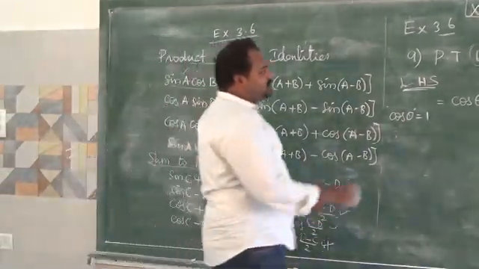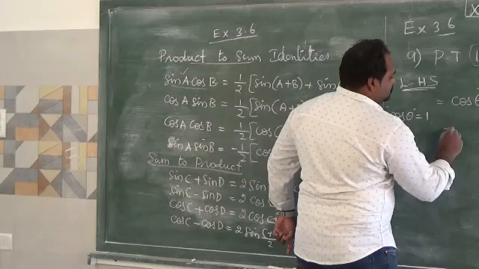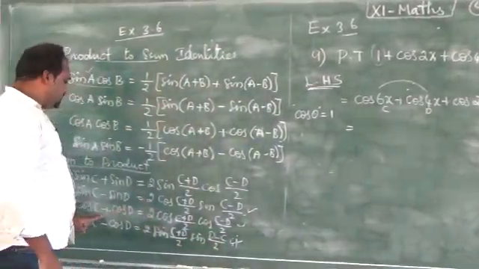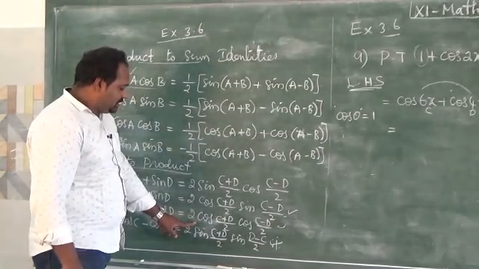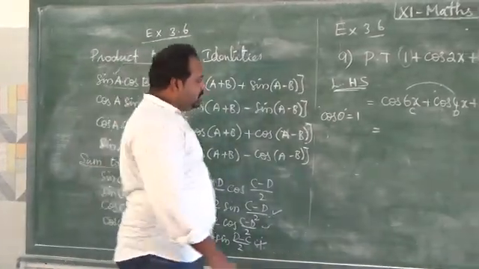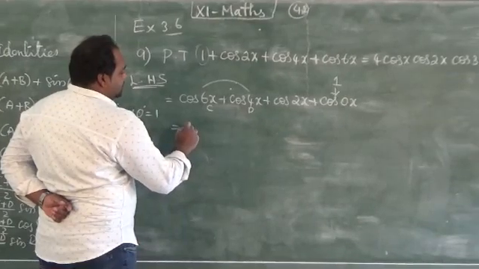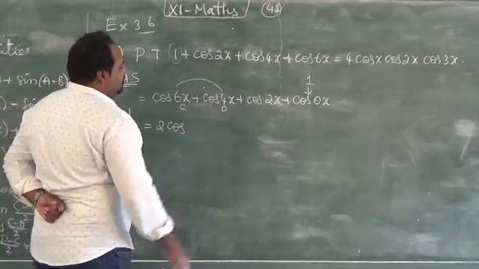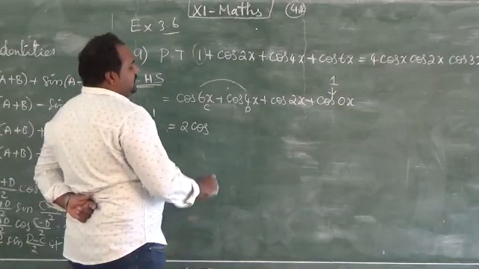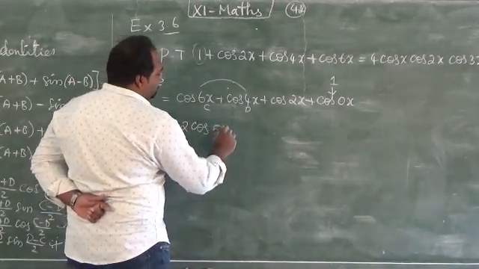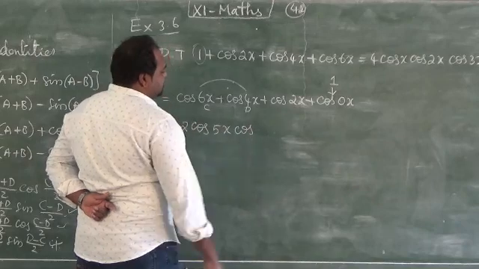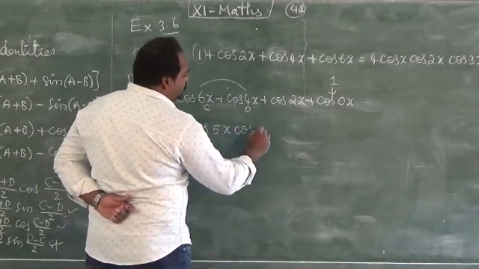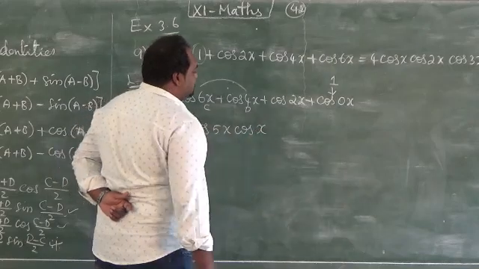Okay, now first take these 2. This is C, this is D. Cos C plus cos D, third property: 2 cos of (C plus D) by 2 into cos of (C minus D) by 2. 6x plus 4x, 10x by 2 is 5x. Cos C minus D, 6x minus 4x is 2x, by 2 it is x.